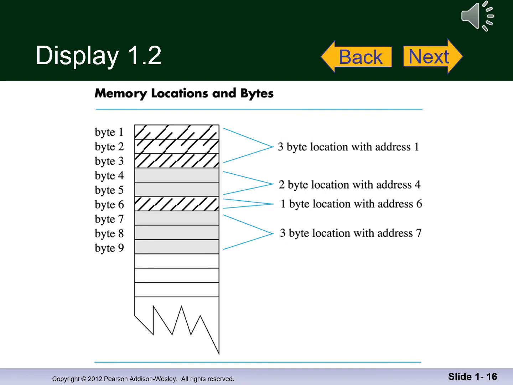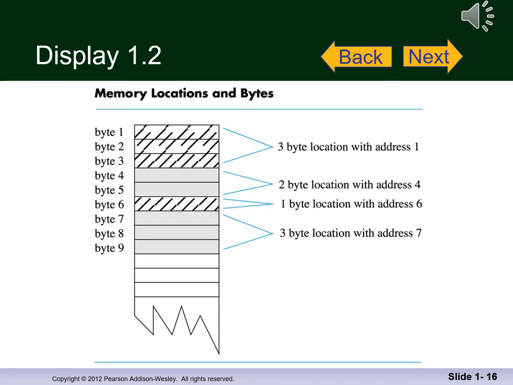This graphic shows how pieces of data are stored. For example, the first piece of data, its location is byte 1, and it's really not byte 1, but we're simplifying it for the sake of this conversation at this point in the class. That piece of data requires 3 bytes to be represented, so it has address of byte 1.